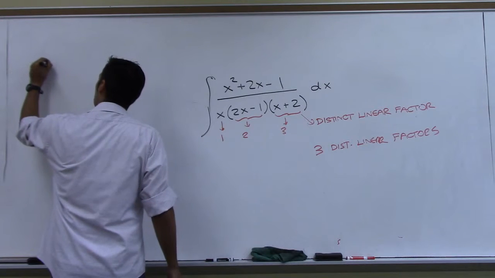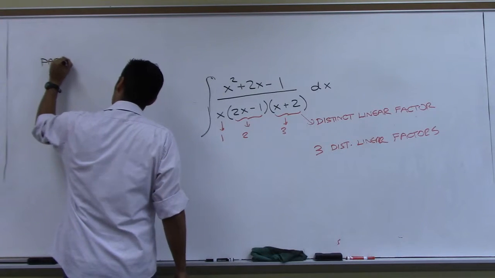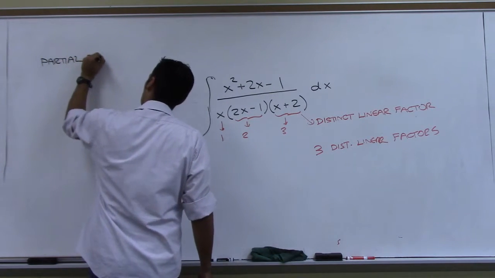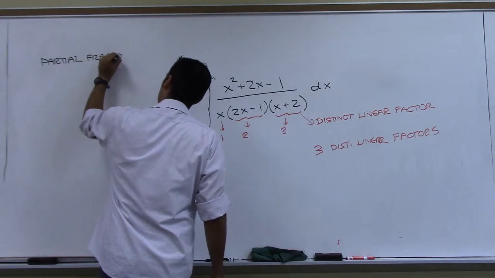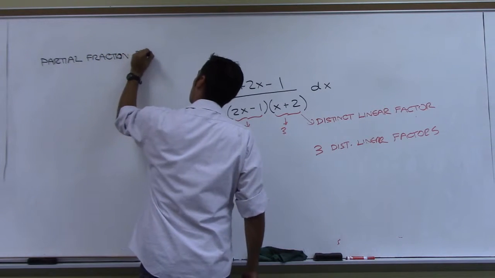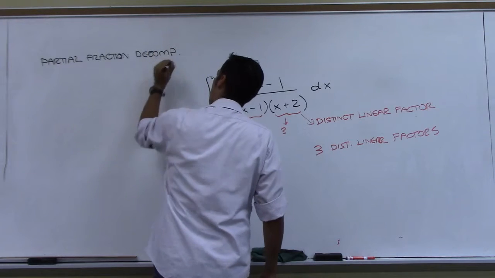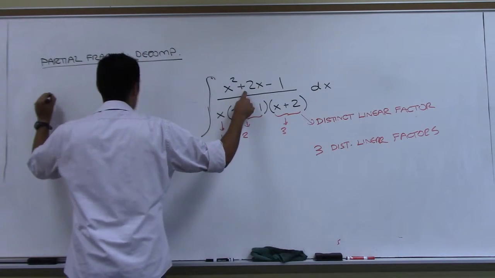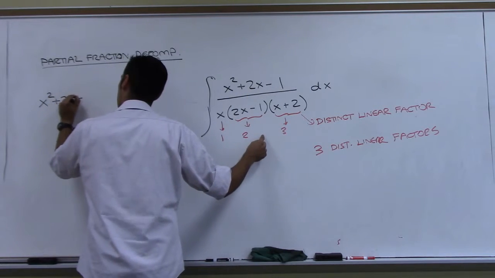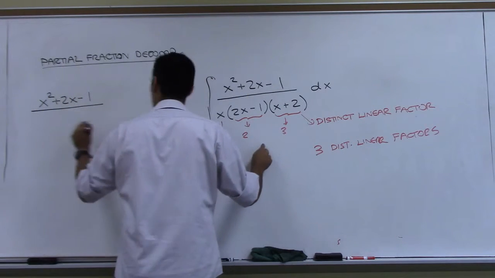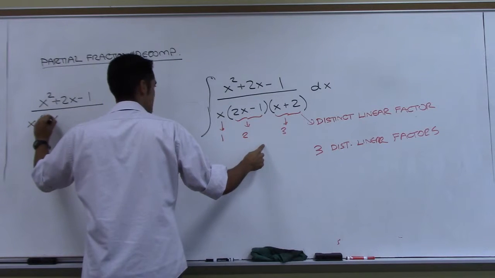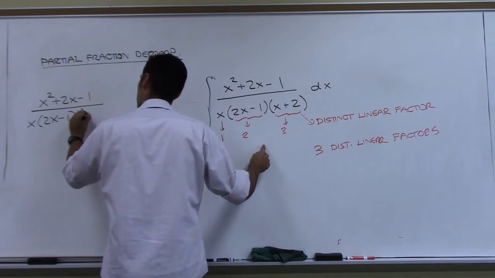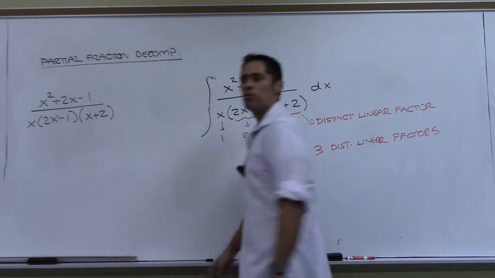So this step is what we call partial fraction decomposition. And so what you do is you rewrite the integrand the way it appears. There it is. That's what I'm trying to rewrite.